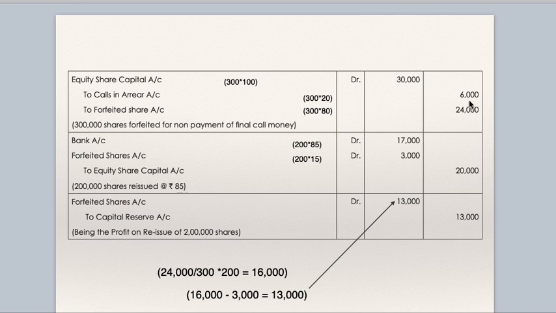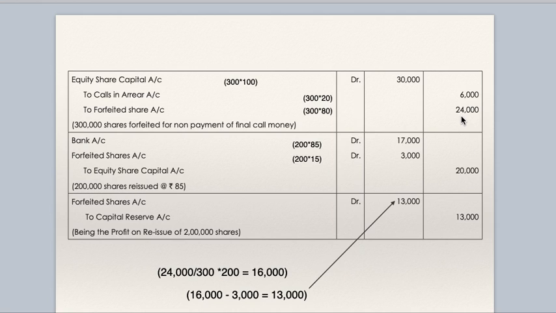300 shares are forfeited and you have forfeited shares account balance 24,000. But only 200 shares are reissued. So you have to find out the proportionate balance in forfeited shares account on 200 shares. So 24,000 divided by 300 multiplied by 200.